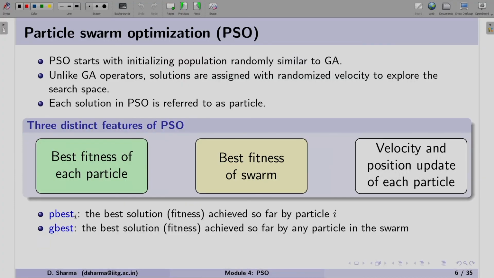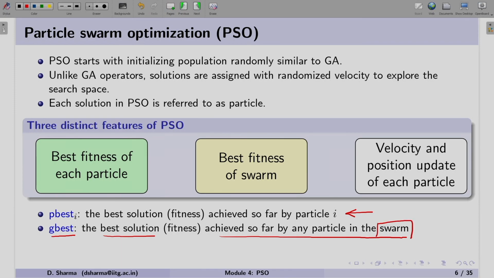Similarly, the G best is the best solution achieved so far by any particle in the swarm. Earlier it said that it is the particle's best position, but the G best is the best solution of any particle in the swarm.